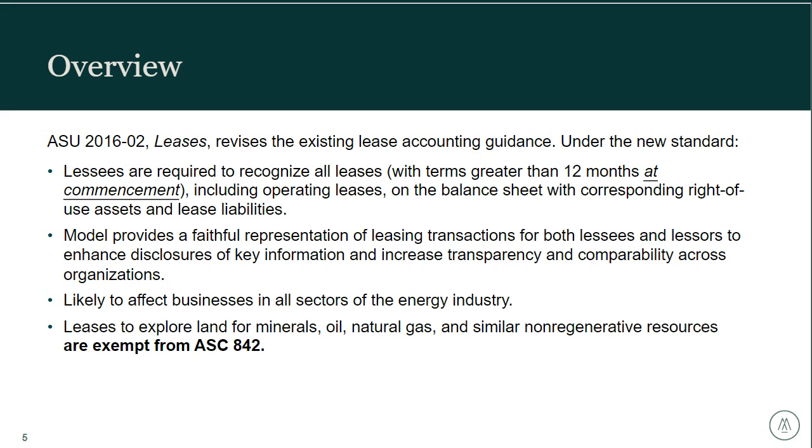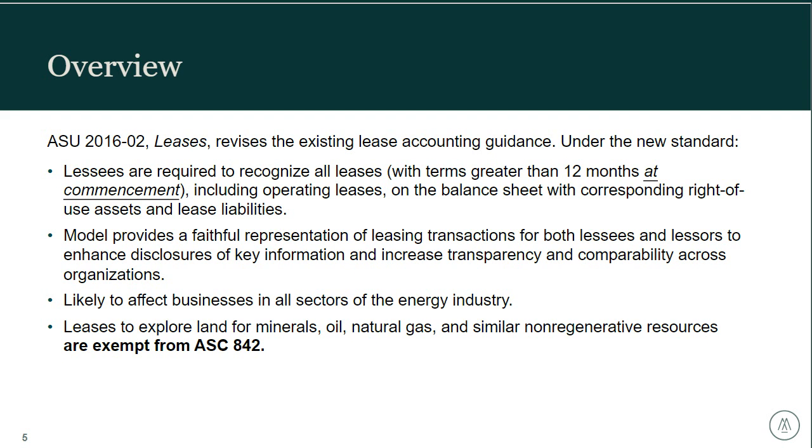What this model is trying to do is provide a faithful representation of leasing transactions, and they're trying to go for consistency. For those of you that have been in the business for a while, we all know that many of our leases were written to get us out of capital treatment. Many of them were trying to get just below those measures to make sure that they're shown as operating because, one, those are a lot easier to account for, and two, the consistency under the income statement.